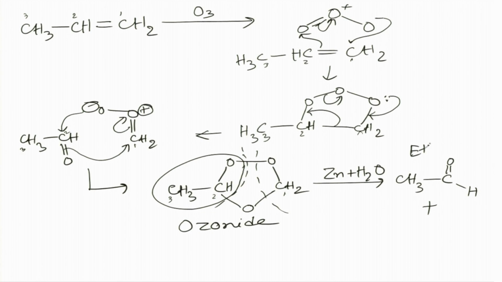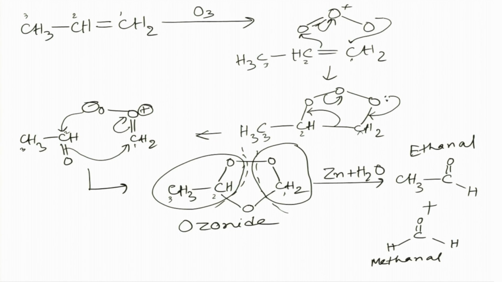Now if we consider this fragment, this is the second fragment. So we can say C double bond O and 2 hydrogens. This is formaldehyde or methanal. So these are the two fragments.